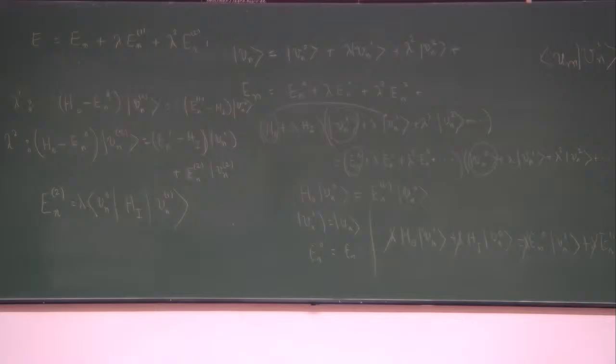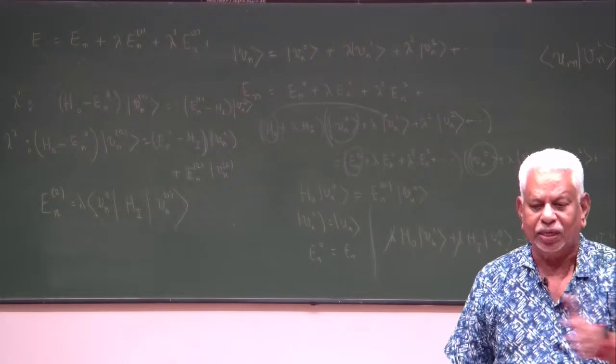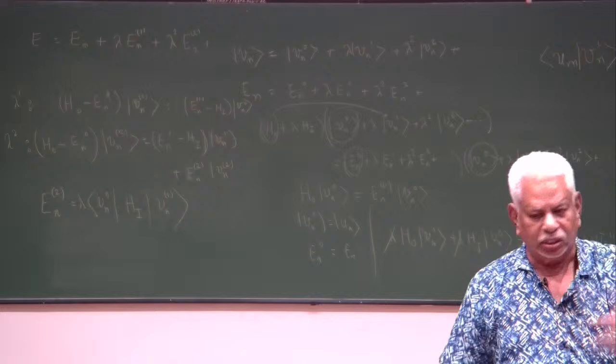There are two things. One is the state is expanded and energy is expanded order by order. When you do it order by order, if you know the results up to the previous order, using that you can find the next order. So you can completely expand it to all orders you like.